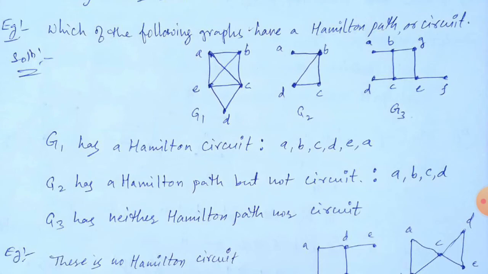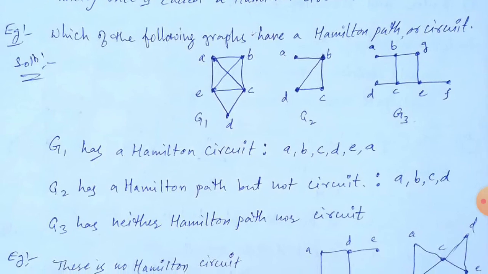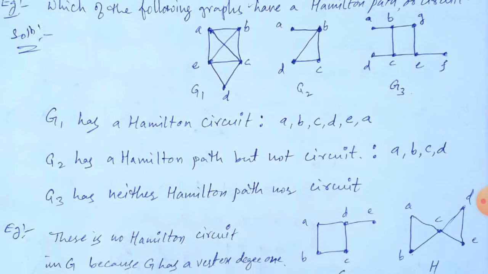We cannot visit F, E, G vertices. That means in Hamiltonian we have to visit every vertex. That is not possible through this one. You can find any other path, A, B, G, E. If you go to F, D, C will be omitted. A, B, G, E, C, D, if you go, we can omit F. That means here a Hamiltonian path does not exist. If a path does not exist, a circuit cannot exist either.